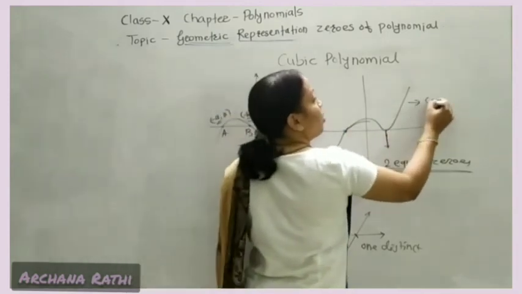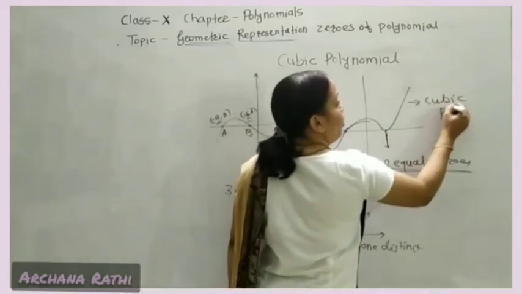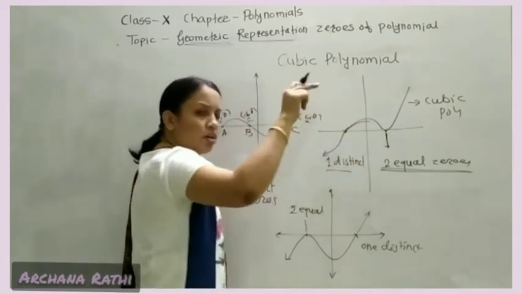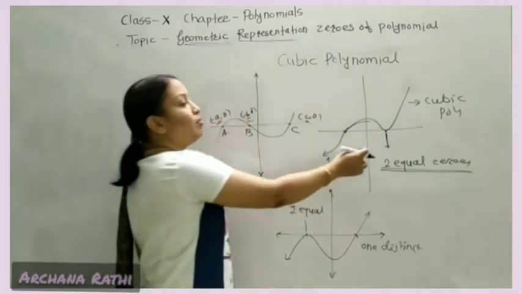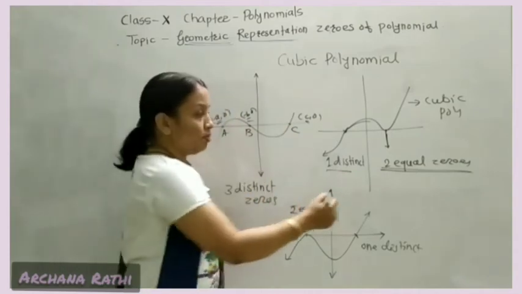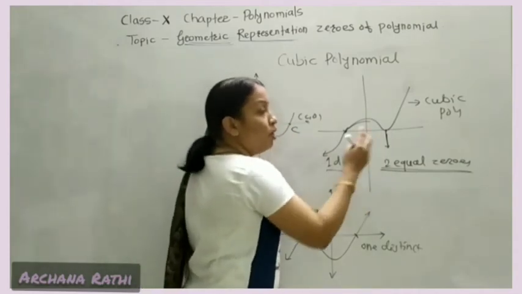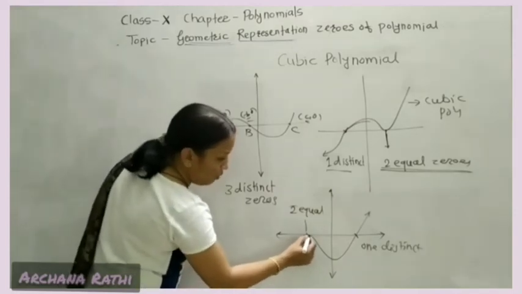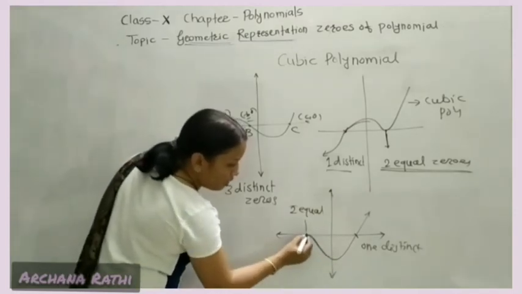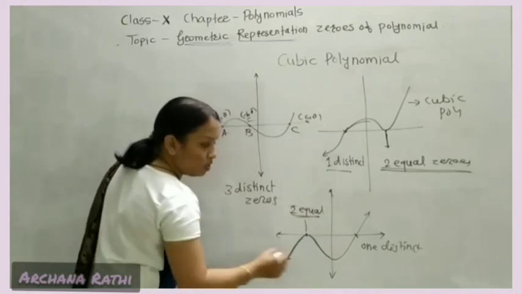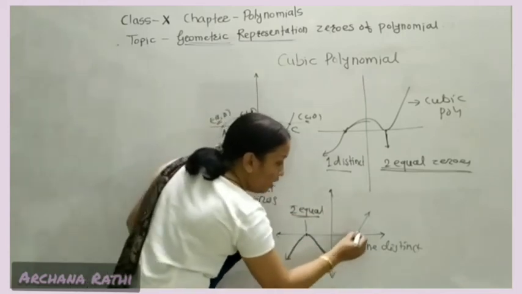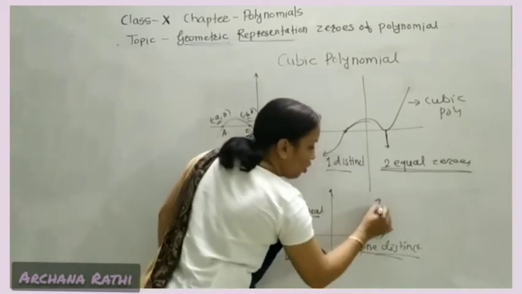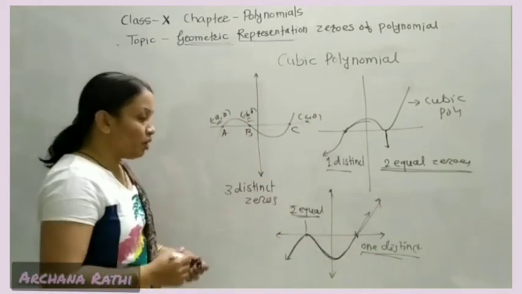Again this is a cubic polynomial. Whenever the curve just touches, it has two equal zeros. Here too, a condition like this can be there: the curve touches the x-axis, so there are two equal zeros, and now this curve intersects, so there is one distinct zero. This is one of the possibilities for the cubic polynomial.